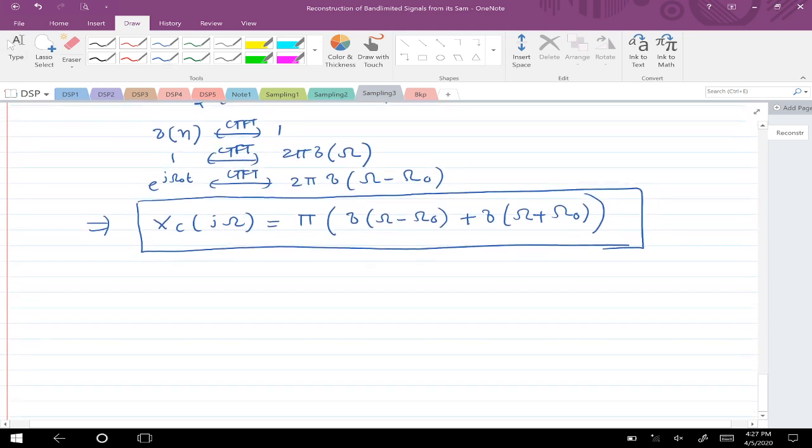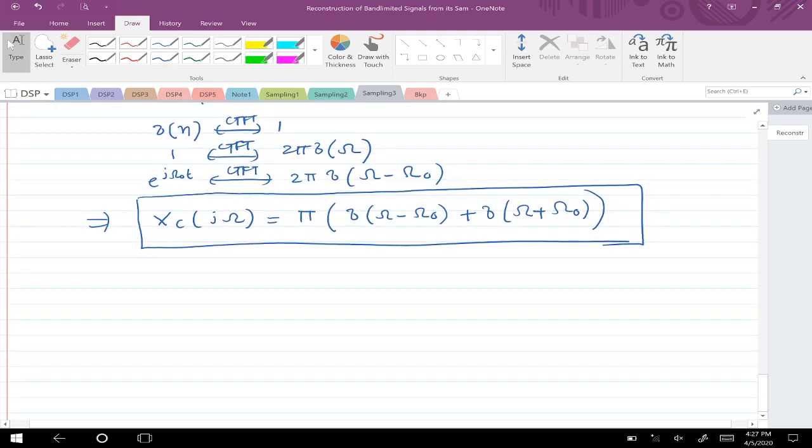Let's plot that now. Let's call this axis omega, with 0 somewhere here. You have one impulse at minus omega naught and another impulse at plus omega naught.